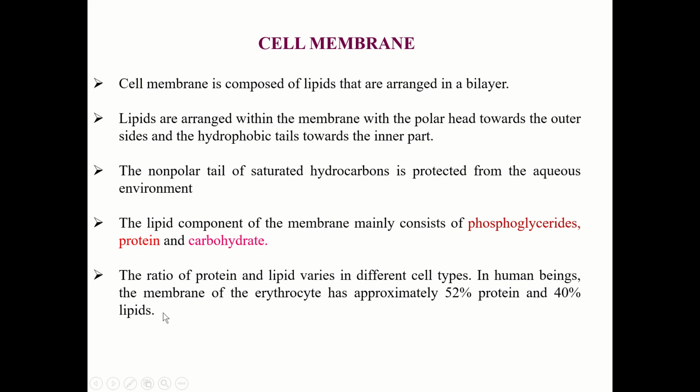In human beings, the membrane of the erythrocyte, that is the blood cell, has approximately 52% proteins and 40% lipids. It depends upon which cell you are taking, whether it is a plant cell, animal cell or human being.